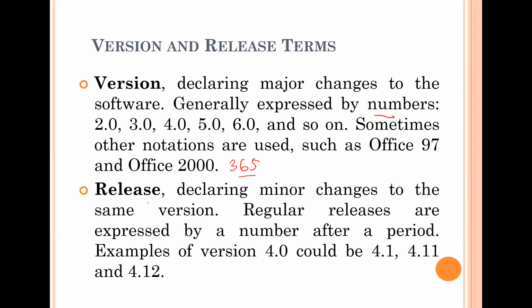And the next one is release. Release here is declaring minor changes to the same version. Release is related to the version, but here it is the number after the period. The number after the dots represents the release.